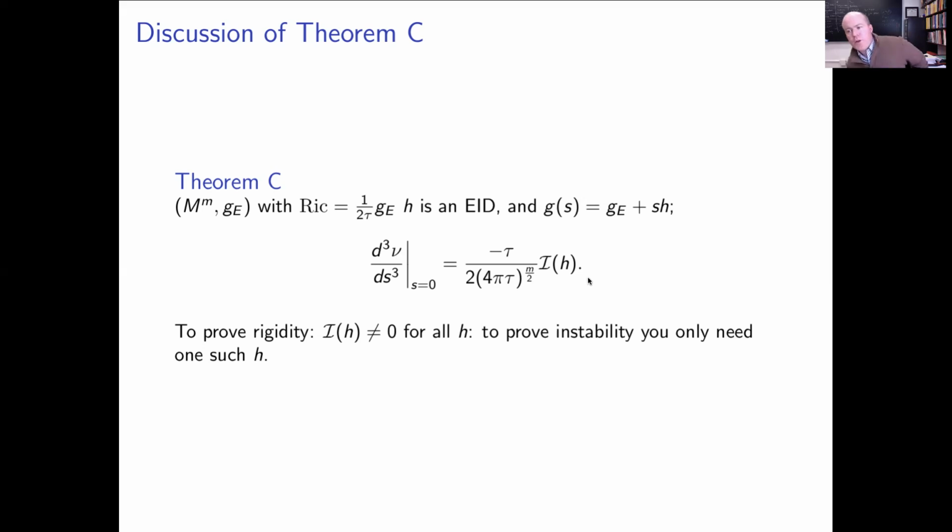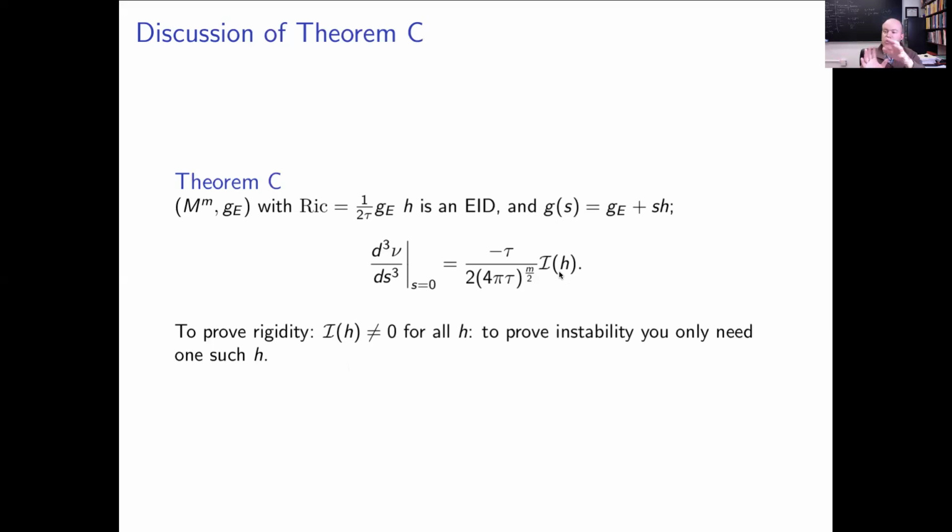Of course, if you want to show an Einstein metric is isolated, it's not enough to do it in one direction. You have to show that no matter which element H you choose in epsilon of G, this quantity doesn't vanish. Because if it vanishes in one direction, it might not vanish in another direction.